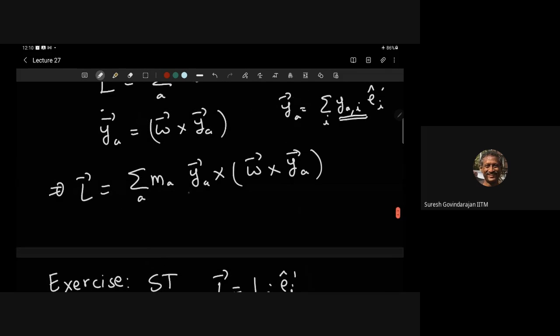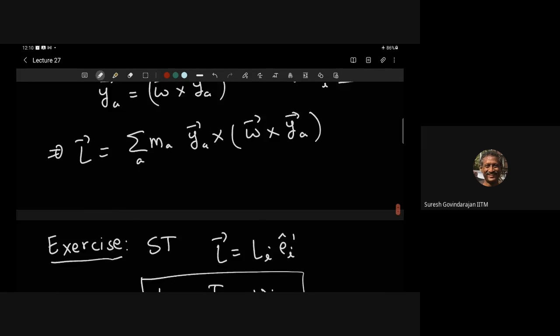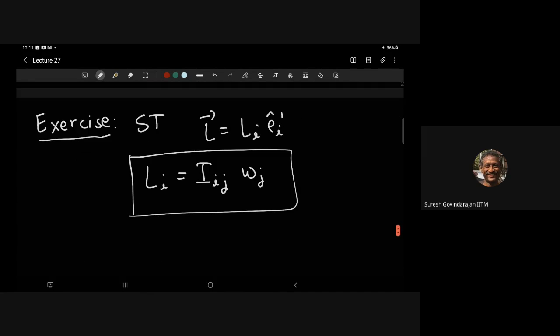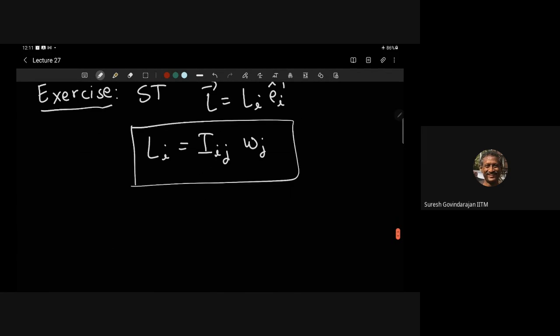Basically you have to massage things around and do this calculation. And what I'm claiming here is that all the a dependence can be absorbed again in terms of the moment of inertia tensor. So this is the only thing you need to check here.